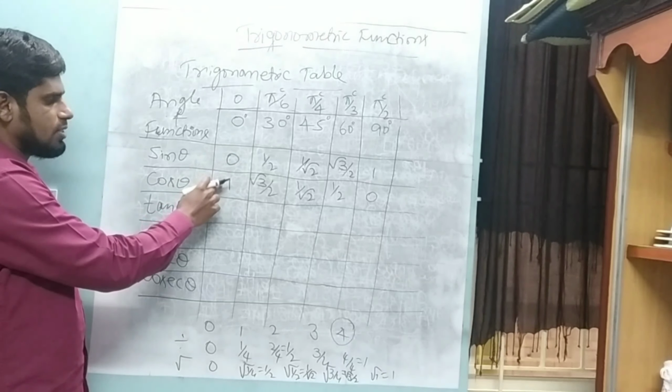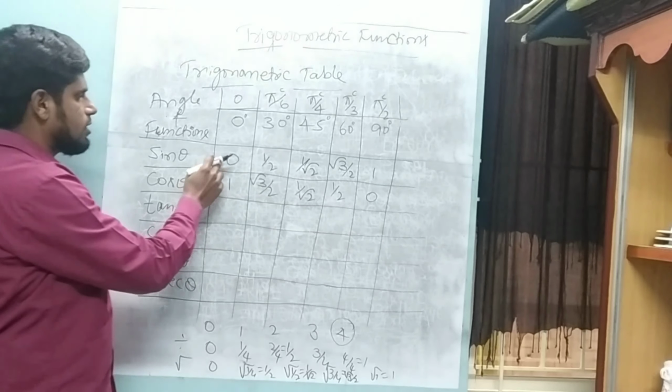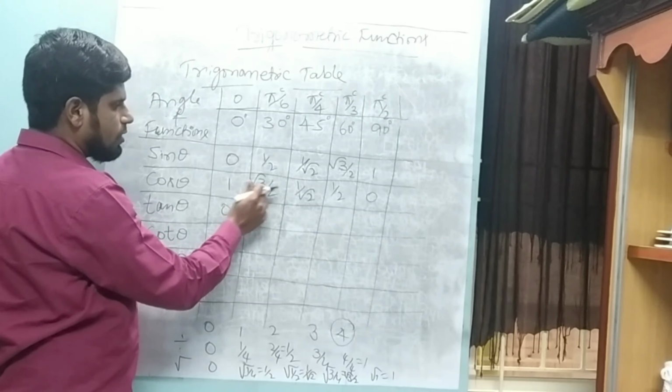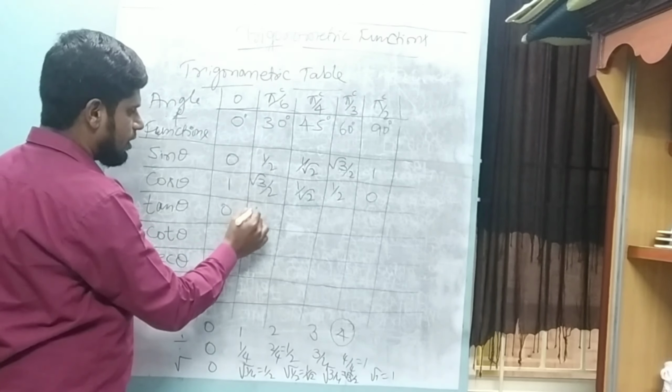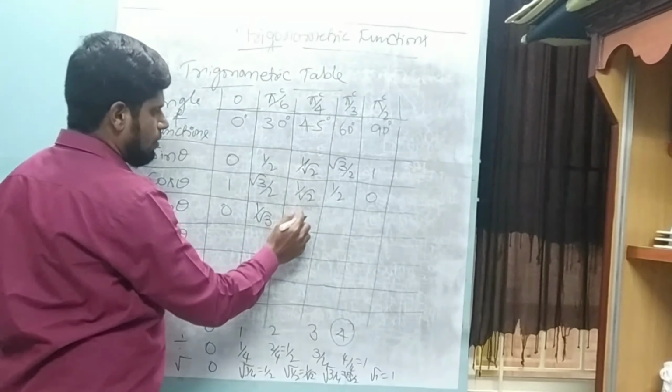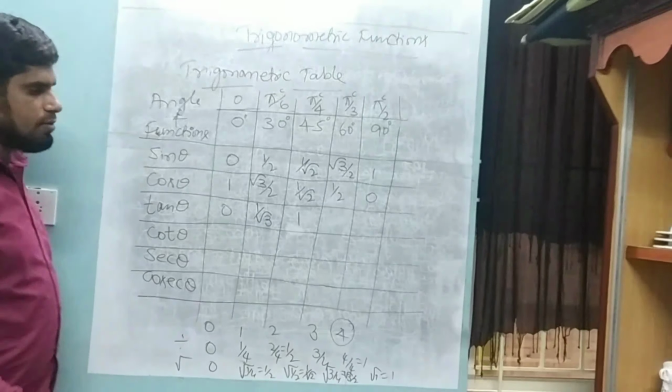First function divided by second function is tan. That is 0 by 1 is 0. 1 by 2 divided by root 3 by 2, 2 gets cancelled, numerator 1 and denominator root 3. 1 by root 2 divided by 1 by root 2, both get cancelled, it is 1.